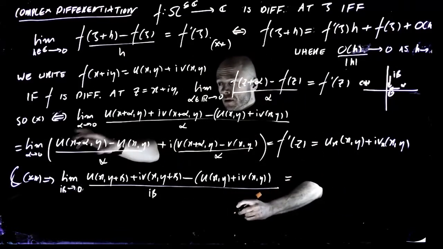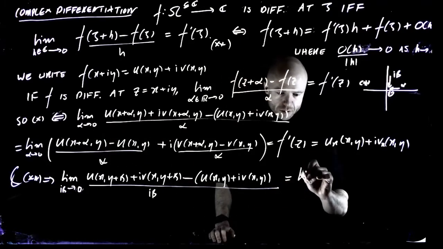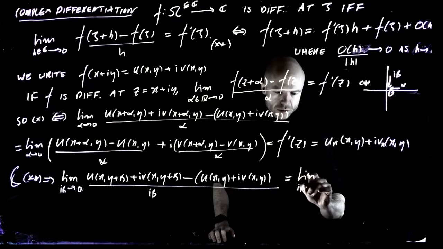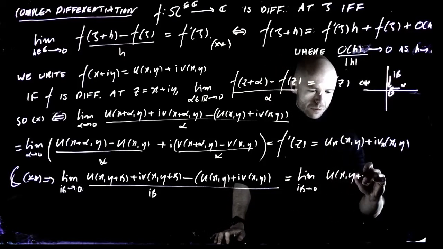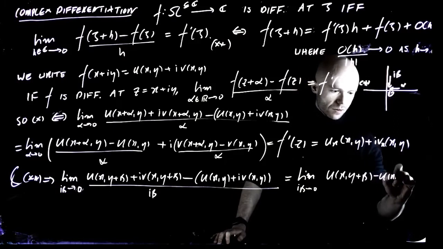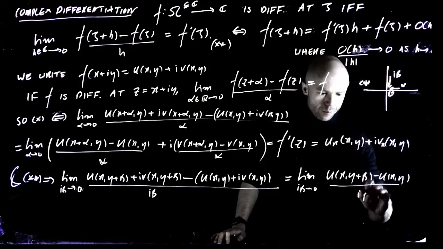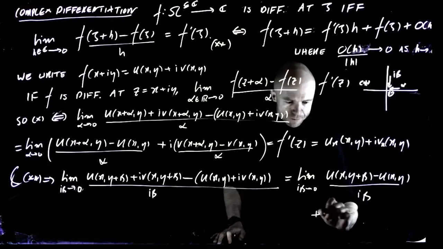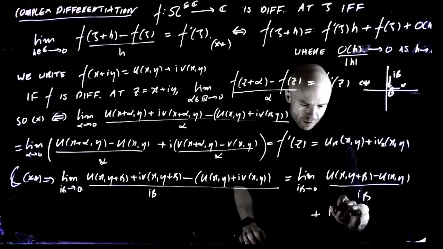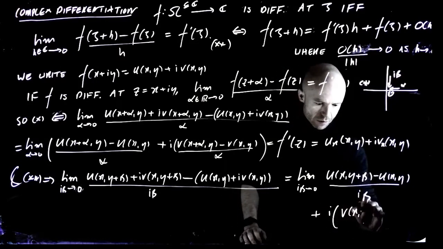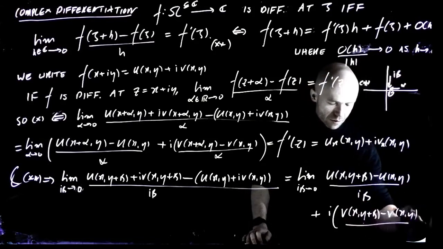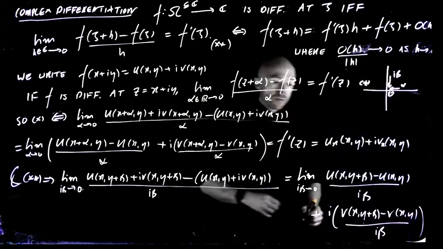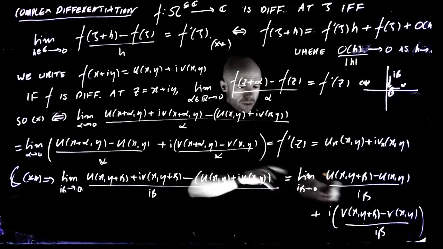Okay, let's just write it out. So we have the limit as i beta goes to 0 of u of x, y plus beta minus u of x, y over i beta, plus i times v of x, y plus beta minus v of x, y over i times beta. Yeah? Cool. And then what happens to this?